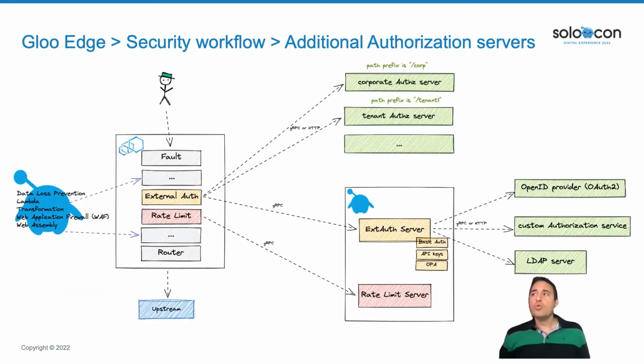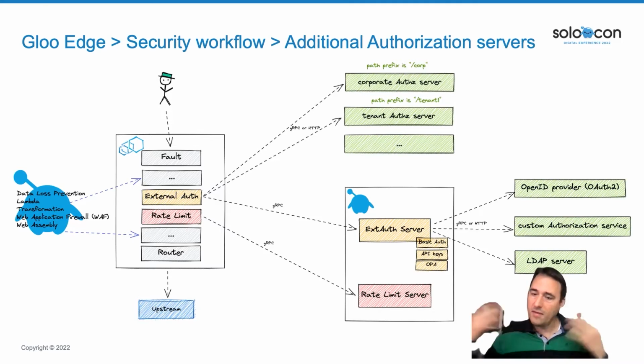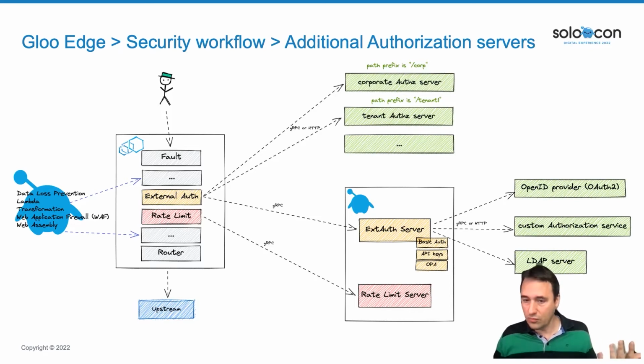Additionally, you can also use external or more authorization servers, and these servers can have a custom implementation, a different implementation in each one, and you can attach those servers to different routes. So in the route for one path, you can use one server.